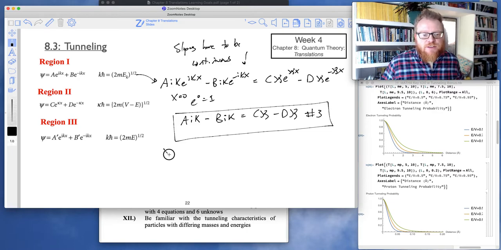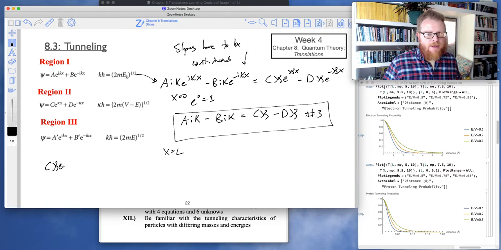And then finally, the slopes must be continuous at x equals L. I'm going to do the same process here, but now I'm taking the derivative of region 2 and region 3. We already did the derivative of region 2, so let's just rewrite that.